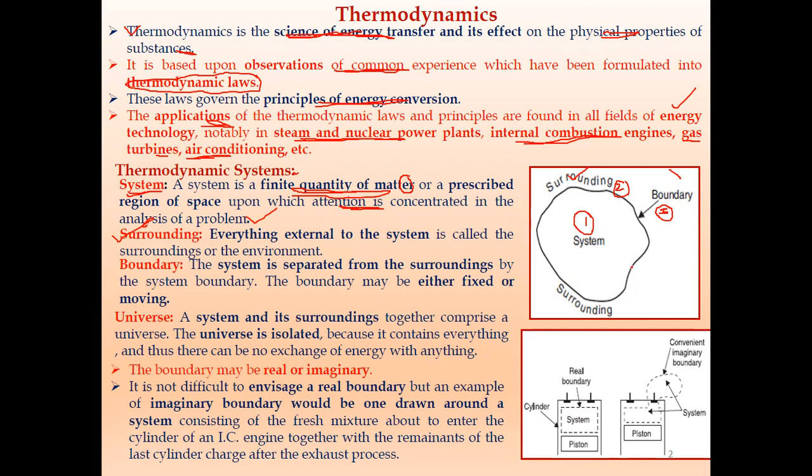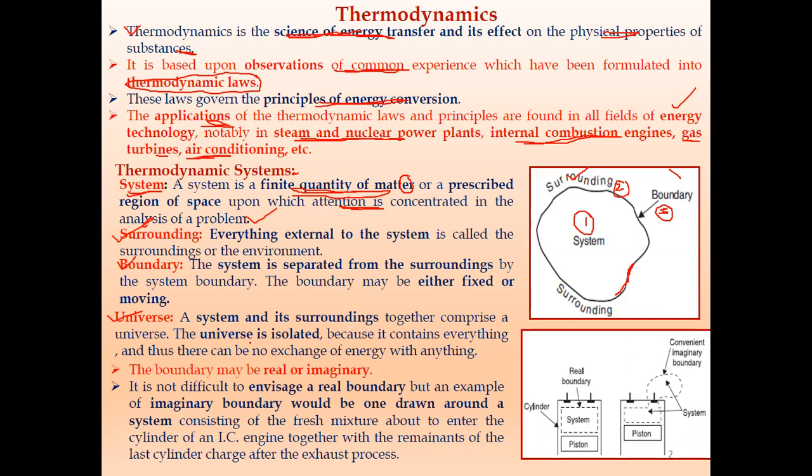And the boundary: the system is separated from its surrounding by the system boundary. This boundary may be a fixed type of boundary or it may be moving. And the last part is the universe. The universe is nothing but the system and its surrounding together.